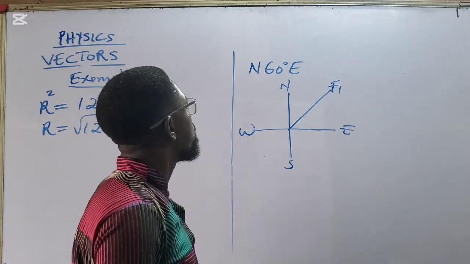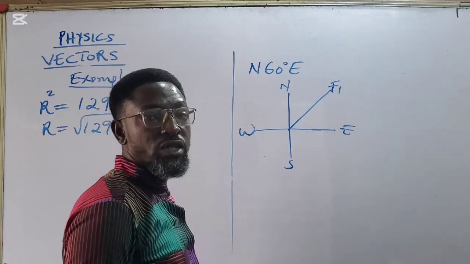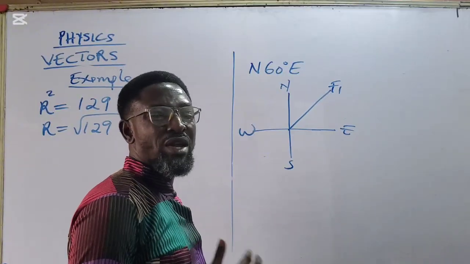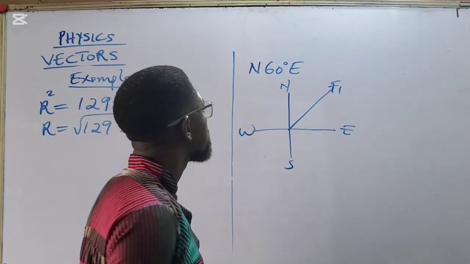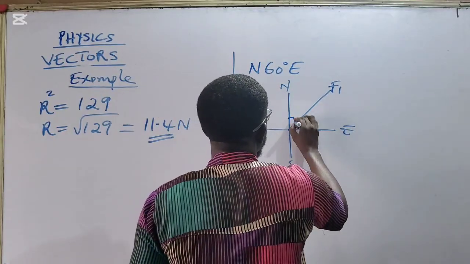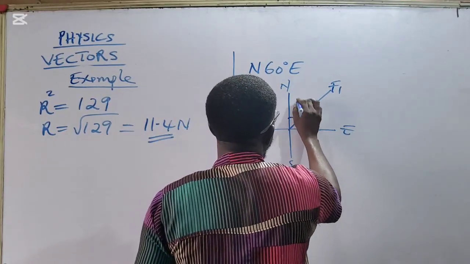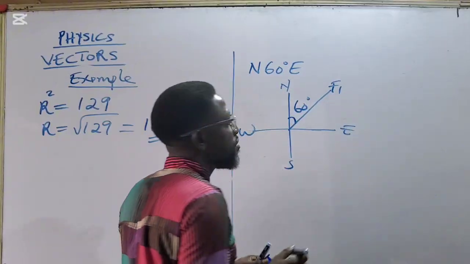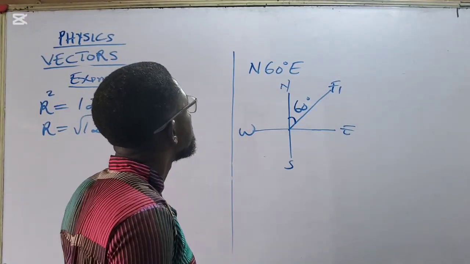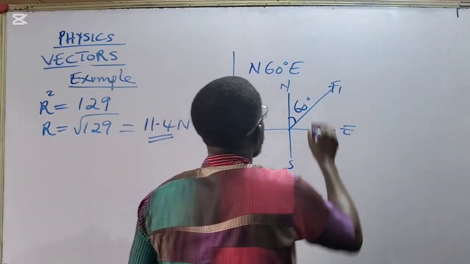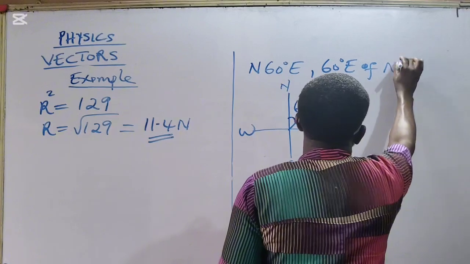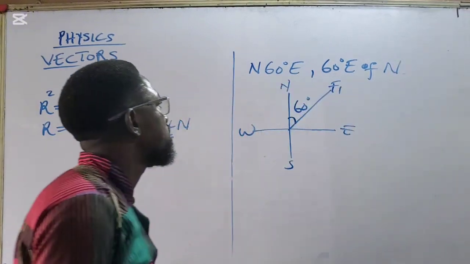You have force F1 at the point north 60 degrees east. You need to know how to position this on the xy plane before you can actually resolve vectors. So north 60 degrees east means the angle is going to be at this point here. That's what 60 degrees would be. This is also written as 60 degrees east of north.